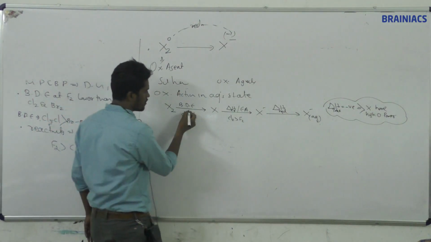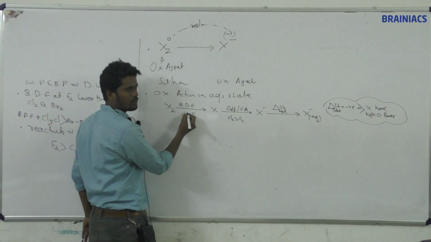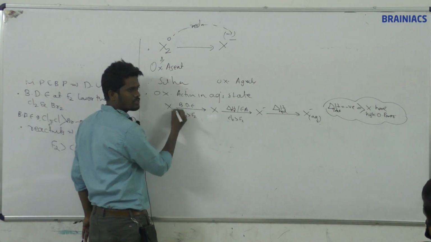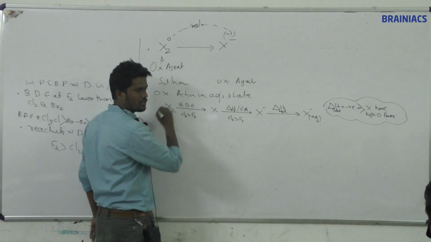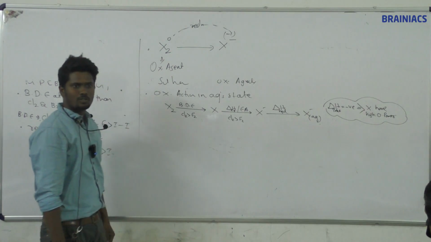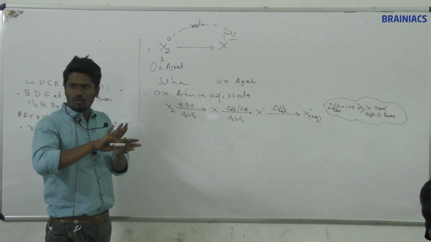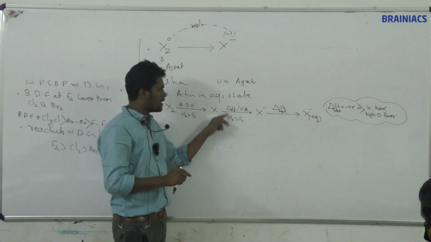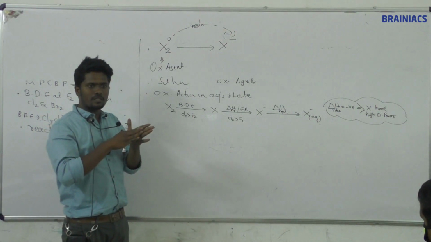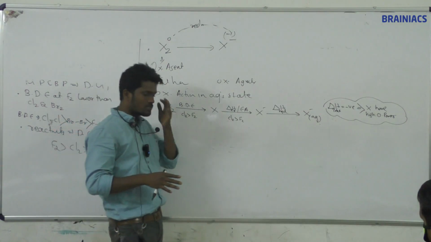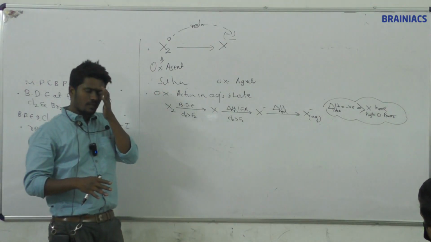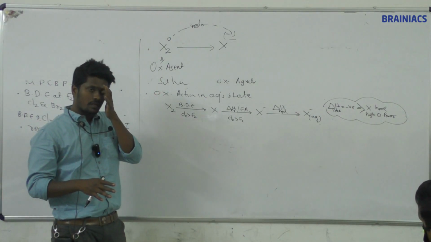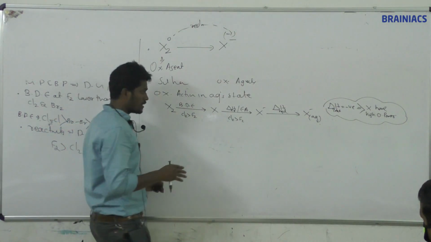Is the bond dissociation enthalpy positive or negative? Bond dissociation energy is endothermic, since energy is required for breaking the bond. What is electron gain enthalpy? It is the energy released.